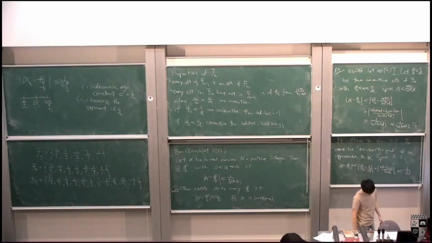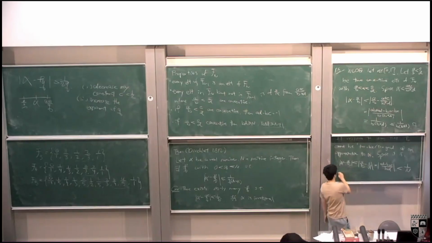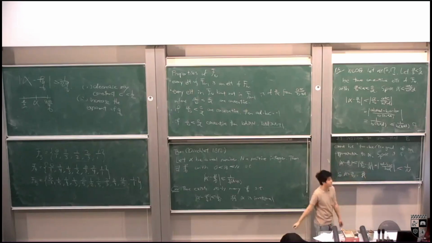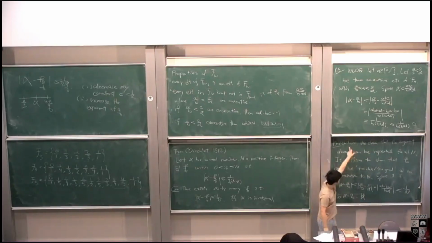How do I tie things up? So alpha is a over b, a contradiction. Very nice. Okay, so that's for this direction.